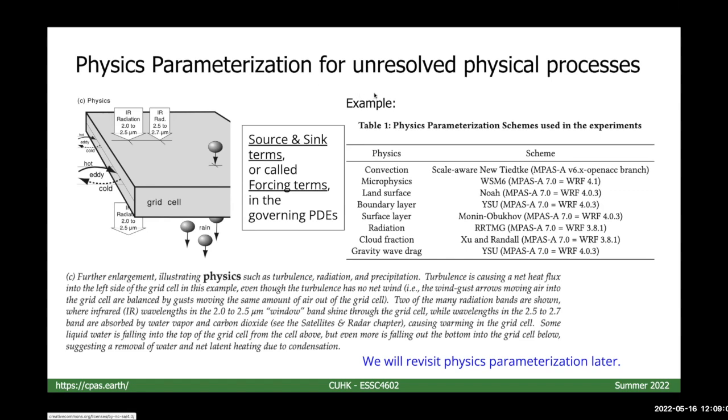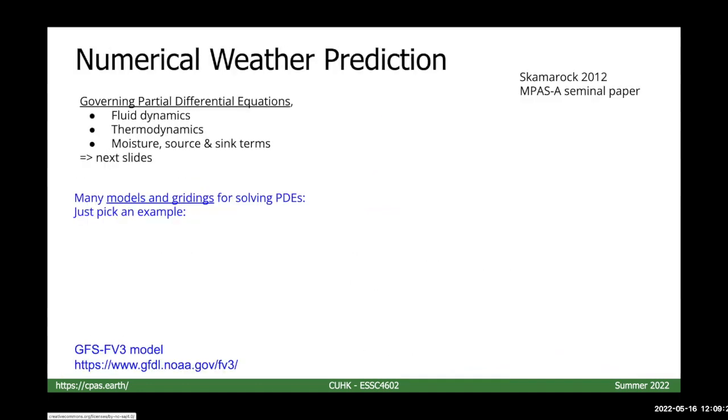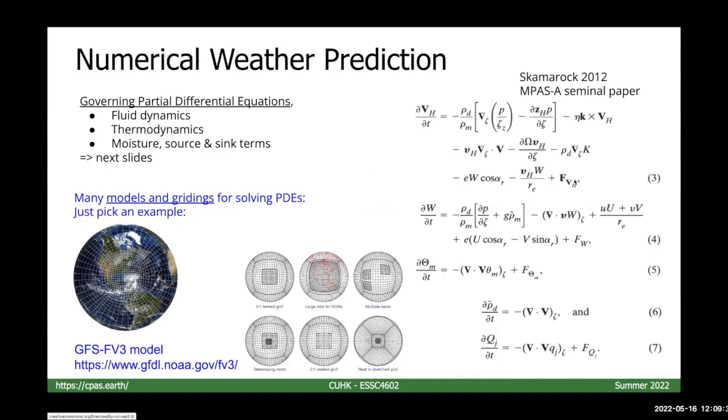As the grid cells cannot resolve them, but the real world has these processes, they have to be parameterized. So in the partial differential equations, there are source terms and sink terms, or they are sometimes called forcing terms. If you go back to the equations, you will see these forcing terms.